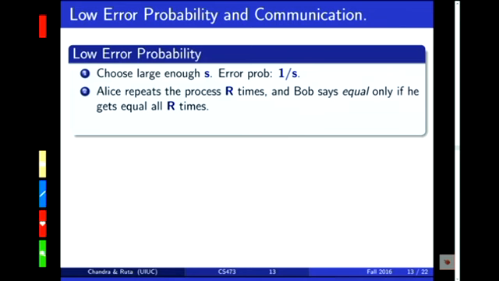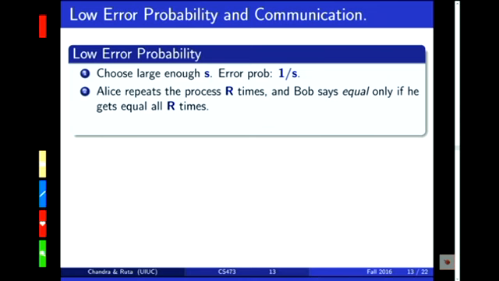Or we can repeat the process. We can set s to be a very tiny number, say 2 or 5 or whatever. And then let Alice send not only one time, but R times, every time picking a different hash function.